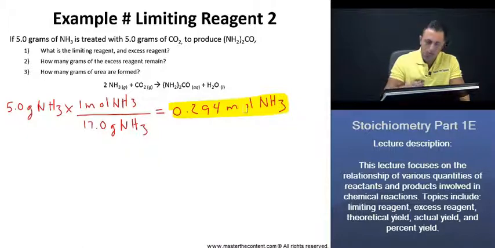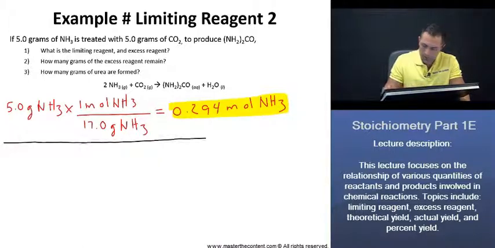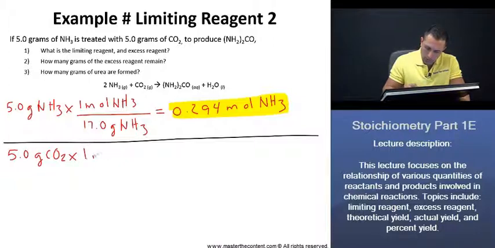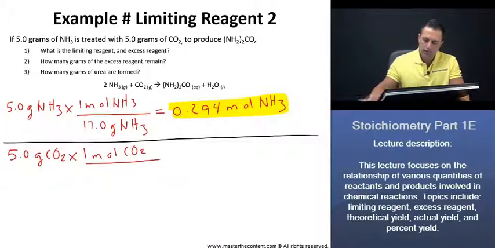Next, we'll find the amount of moles of our carbon dioxide, and we initially have 5 grams as well. Thus, if we take 5 grams of our carbon dioxide, we know that the molar mass of our carbon dioxide is going to be 16 plus 12 from the carbon.